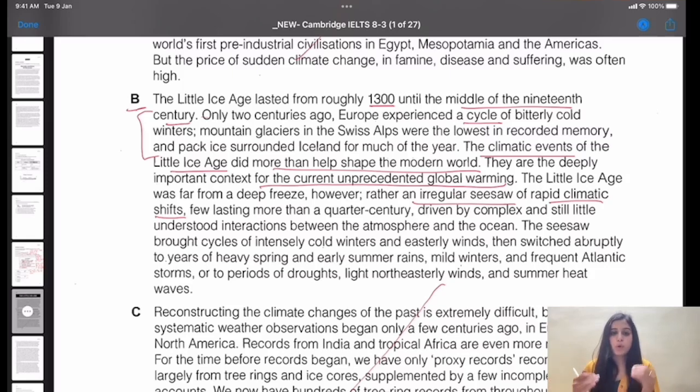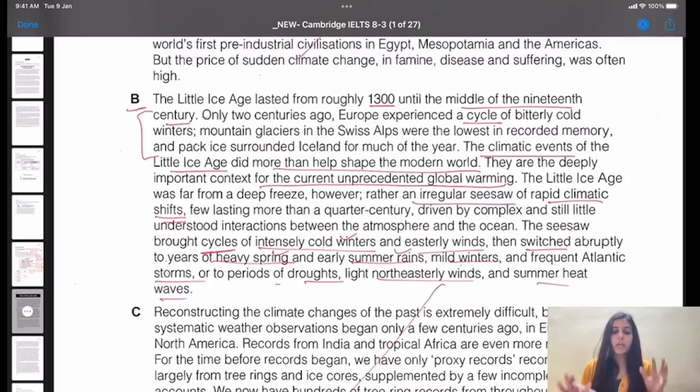The seesaw brought cycles of intensely cold winters and easterly winds, then switched abruptly to years of heavy spring. So in between we had cold winters, then spring, then summer, then mild winters again, then storms and droughts, and then winds and heat waves. So that is basically describing this climatic shift.